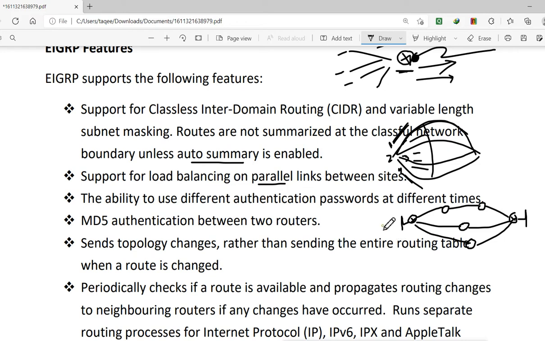This is the network and this is the network here. If I want to go from this network to this network, I have these 3 paths here.